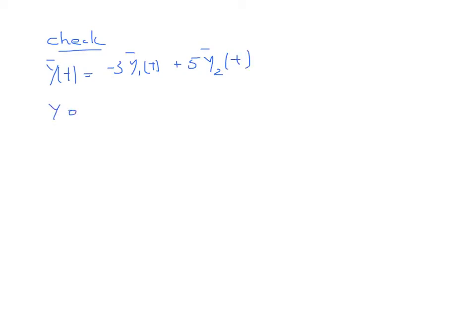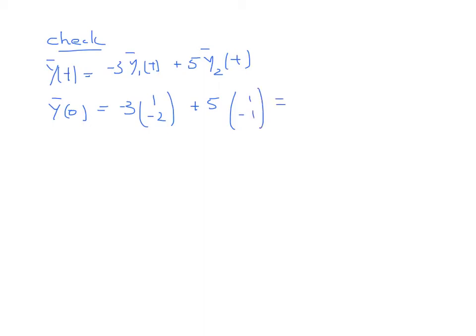Well, at time 0, I have -3 times (1, -2), and I have 5 times (1, -1).